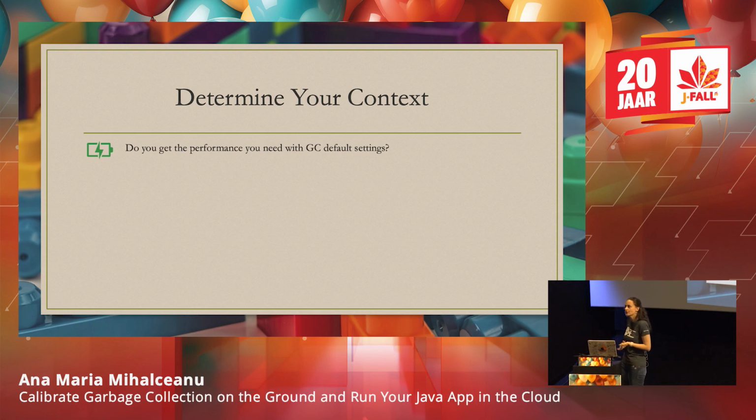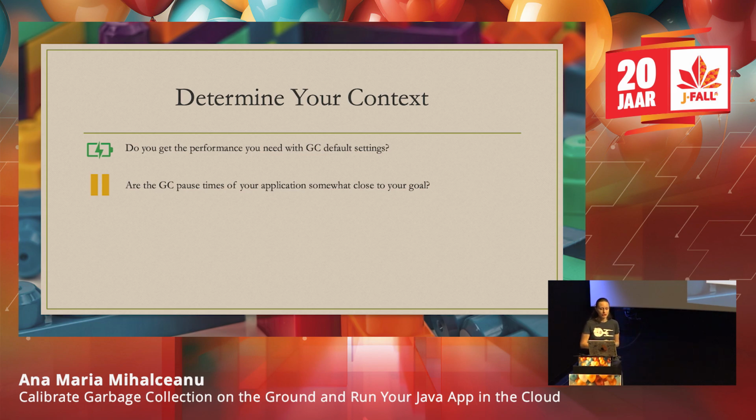So sometimes you have to analyze: do I really get the performance that I want with my current garbage collection setup? Are the GC policies enough and supporting what my application is trying to do? Or can I change that and get more performance from my application?